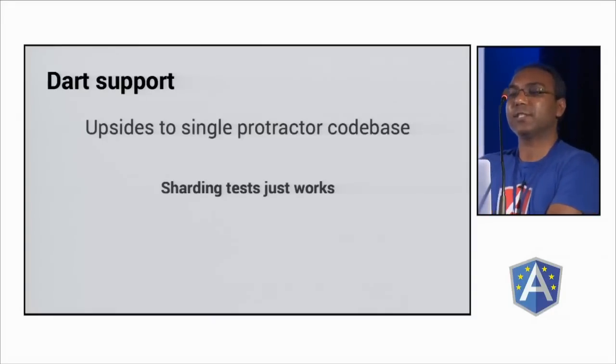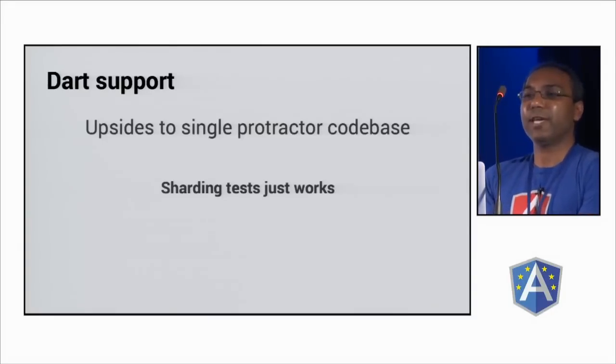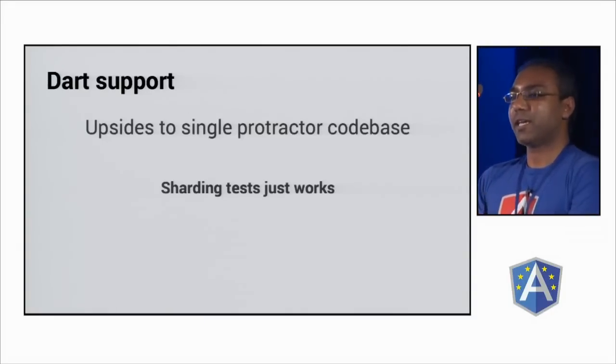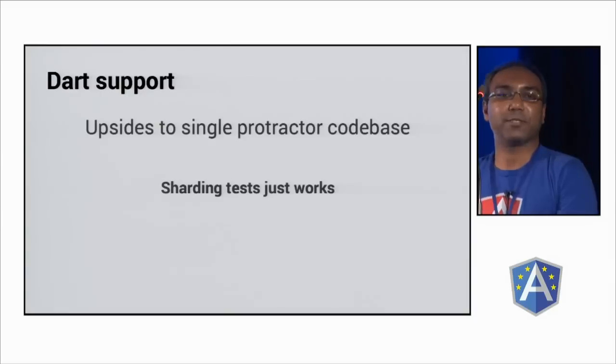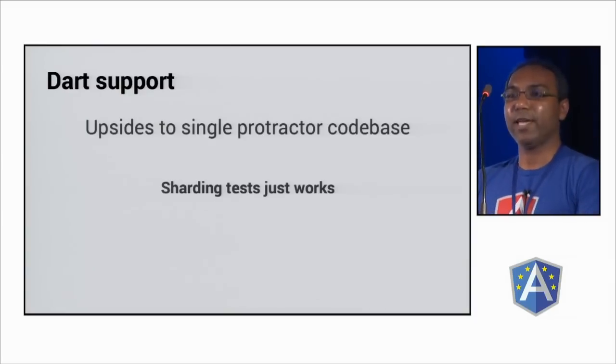Yeah, that's a good question. So why should you be transpiling from Dart to JavaScript if everything else is just running in the VM? There's a few reasons. And the primary reason is that if you fork the code base, you lose a bunch of the features that Protractor has. So for instance, by keeping a single code base, Julie mentioned earlier you had multi-capabilities, and you could add a count parameter to say, I want to shard my test n ways, and then it's going to run n times faster in theory.